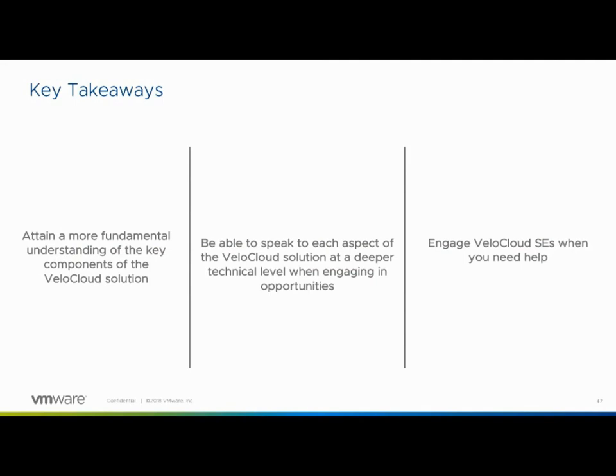So the key takeaway in this is we know how the application performance is assured by the functionality we call DMPO, dynamic multipath optimization. The second was the cloud VPN.